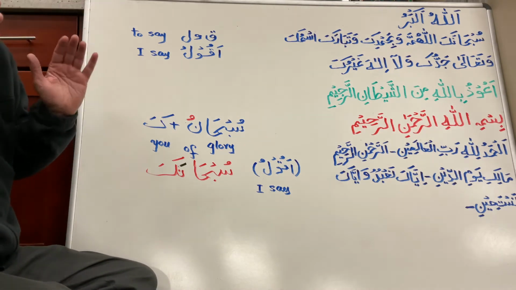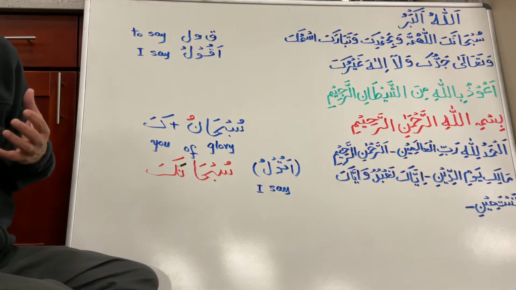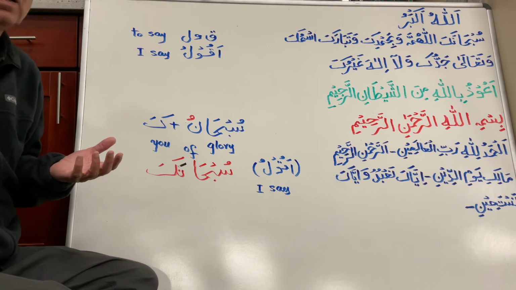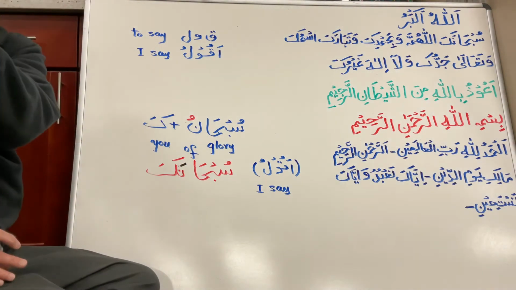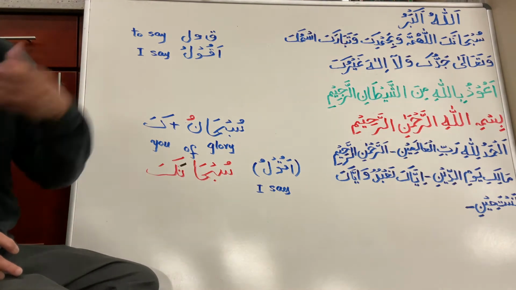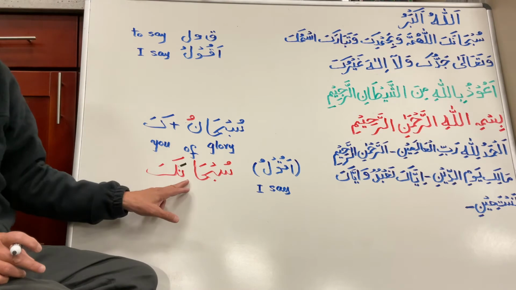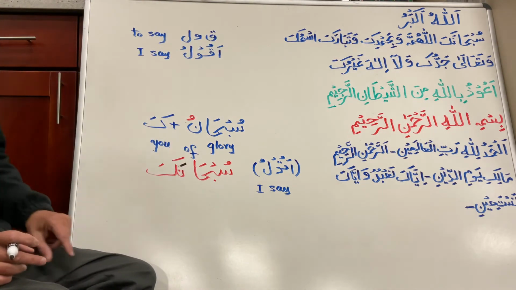So you are starting the Salat, and after saying Allahu Akbar, you are saying Subhanaka. You could say, I say Subhanaka, but you don't have to say it. Or you can say he says, but it is better to say I say, because I'm the one who's praying here. So any verbal statement will change this to Subhanaka. So that's the first thing.